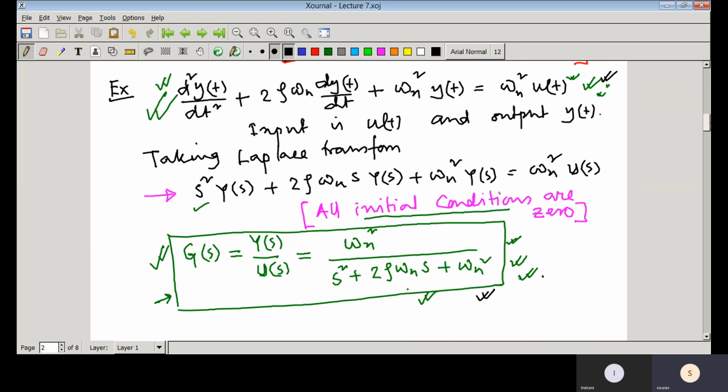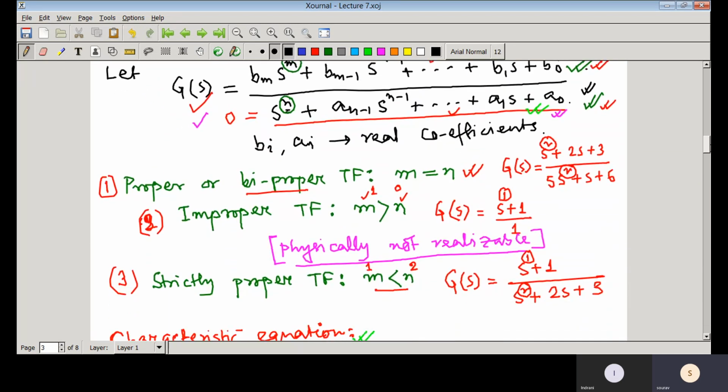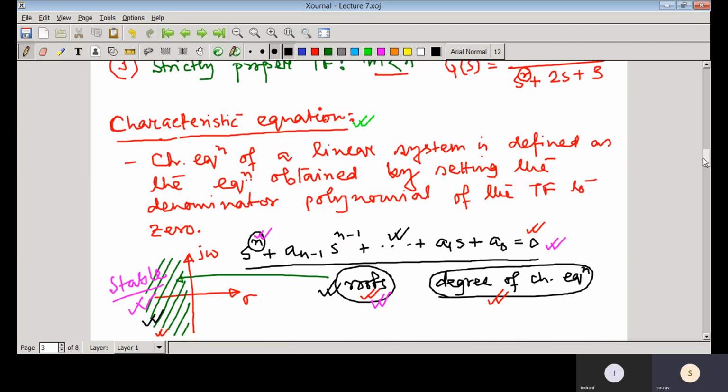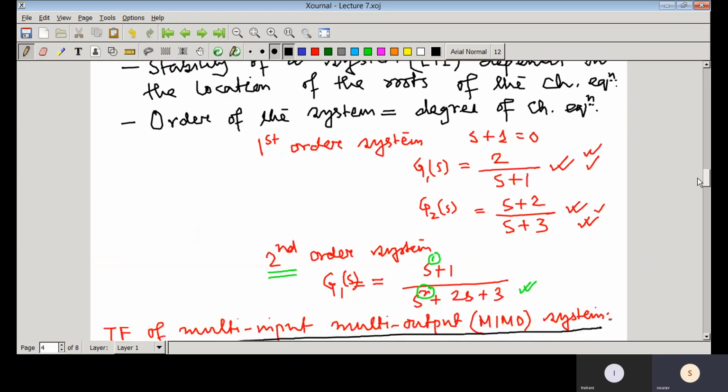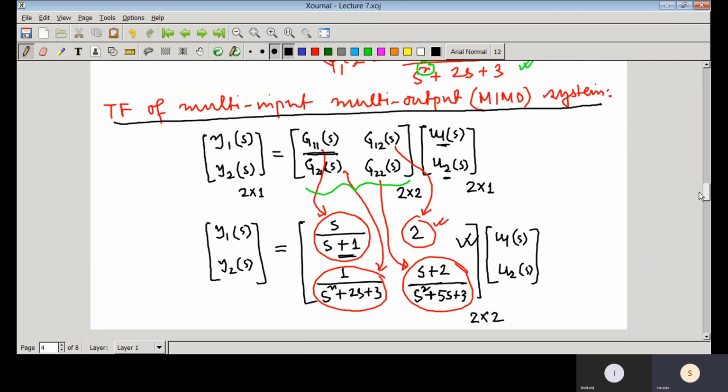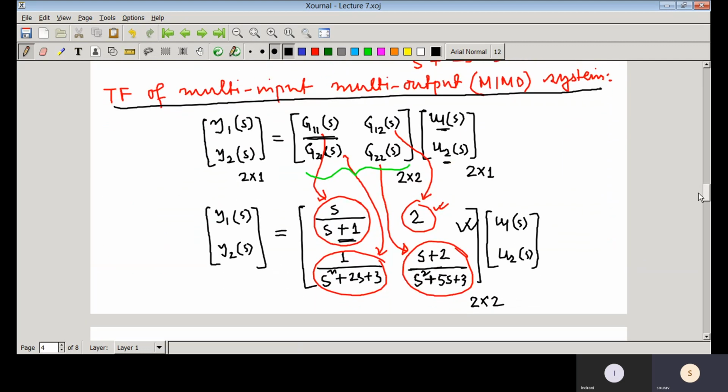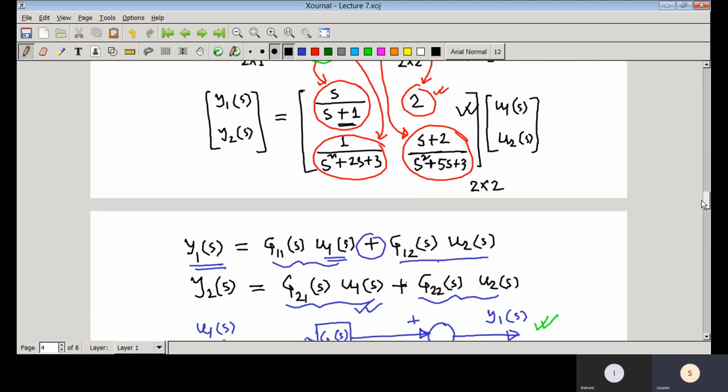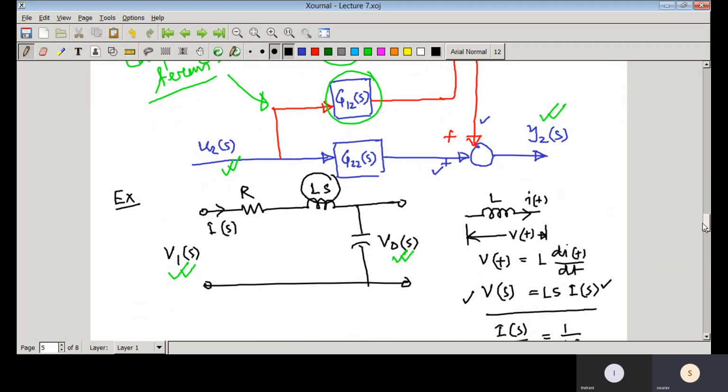We have given some definitions, characteristic equation and order of the system, and we have shown how to represent transfer function for multi-input multi-output system. This particular example we will be discussing in the next class. Okay, thank you.